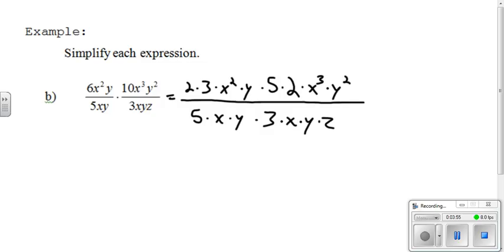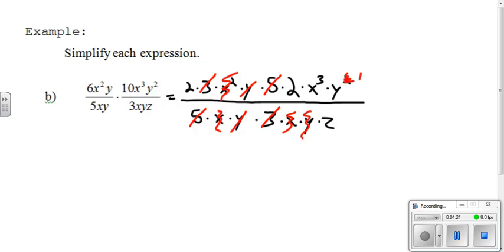Okay, now, like before, we just cross out or divide out all of our common factors here. So a 3 and a 3, a 5 and a 5. So a y and a y will go away. We'll take these two x's, that's like an x squared, so that'll be that one there. And we have a y left here, which will take away this piece.